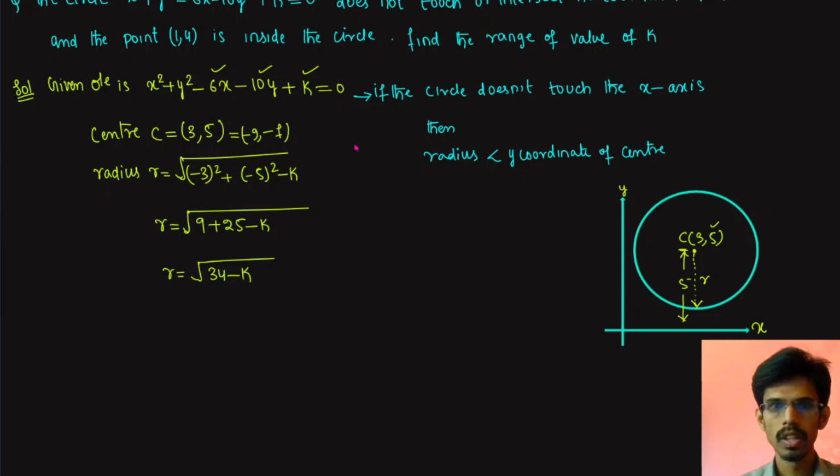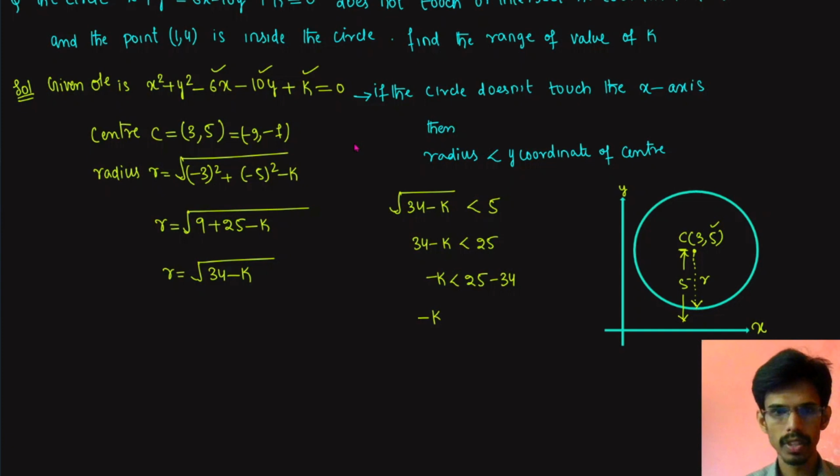So the radius here is root over 34 minus k, less than the y coordinate of the center, which is 5. Now apply squaring on both sides. This will be 34 minus k less than 25, so minus k less than 25 minus 34.